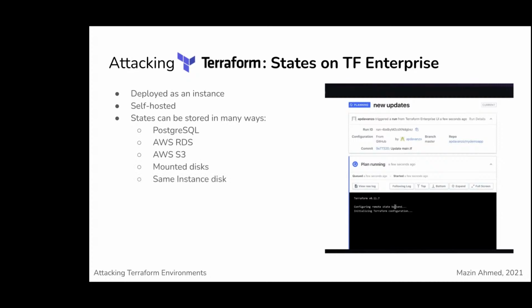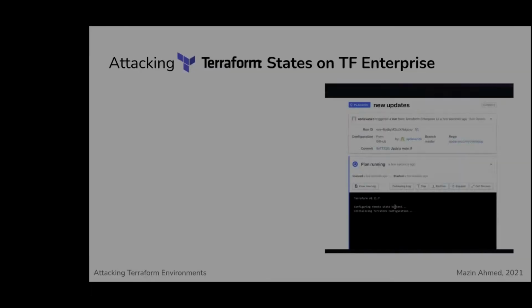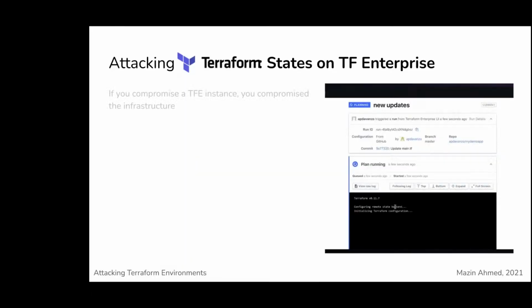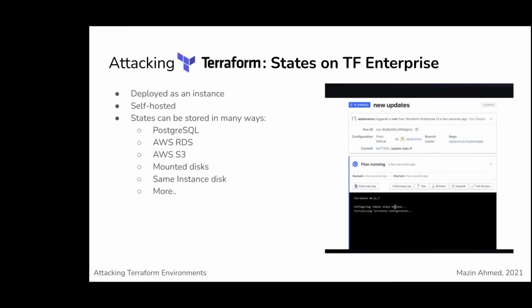So here we talked about having it on S3, but within Terraform Enterprise, you have other options. You can store it in PostgreSQL, in RDS, in mounted disk, or you can even have it in the same instance, and different ways. So if you get access to anything that is hosting these state files, this is totally good for you.